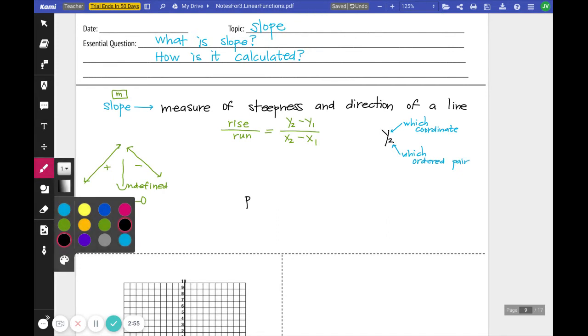Parallel lines, they have the same slope. Exactly the same, number for number. They are perfectly the same.